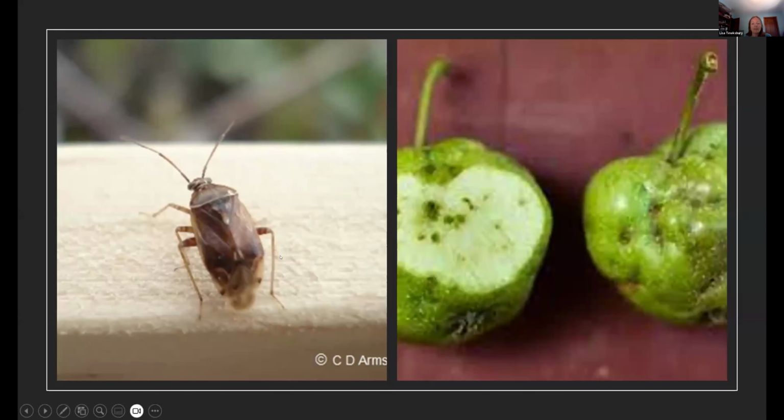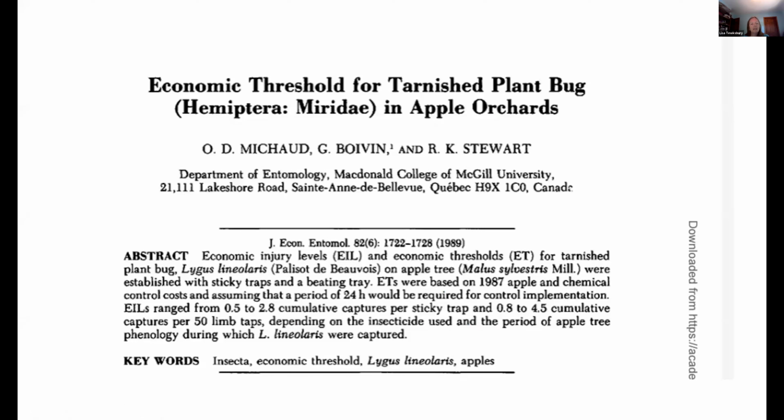And so here's a tarnished plant bug, which is a pest of apples and other things. And the egg laying causes all this dimpling, which can make the apple, as you can guess, unmarketable. So this economic threshold was developed, and here it says, using a sticky trap. If you get 0.5 to 2.8 captures on a sticky trap, then you've reached the threshold, and you might need to do something about it.